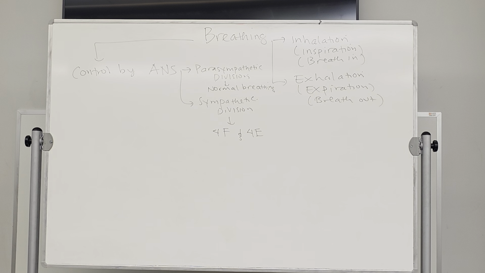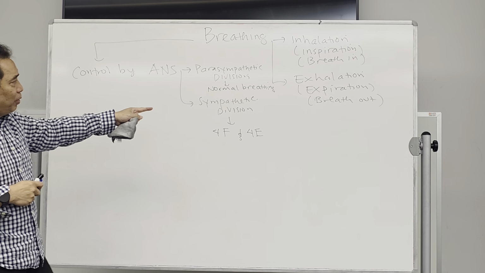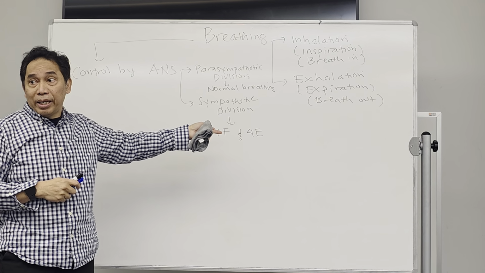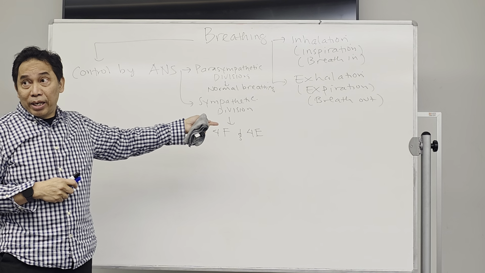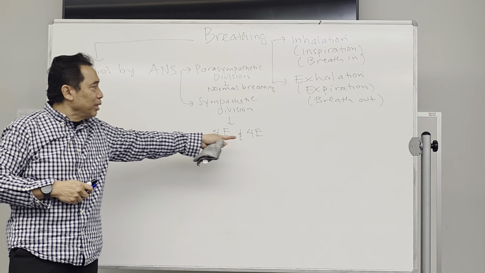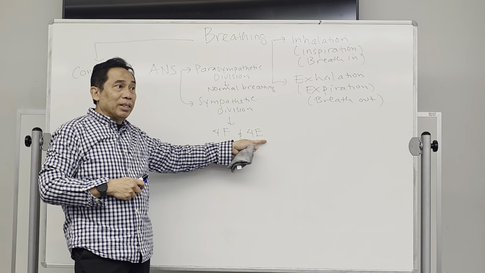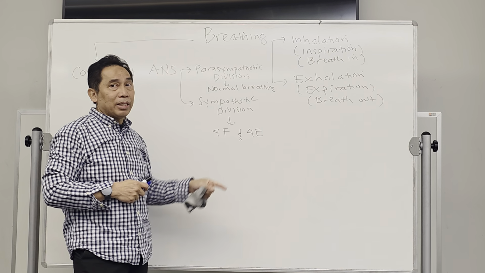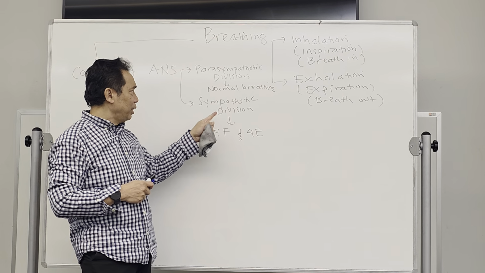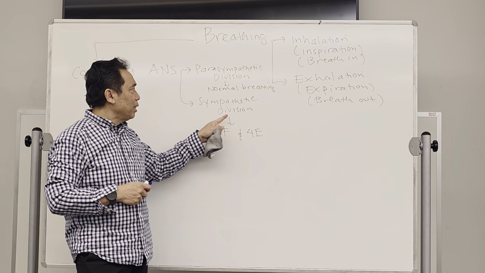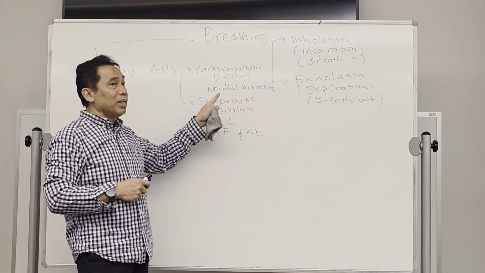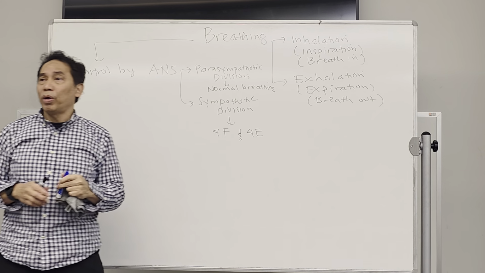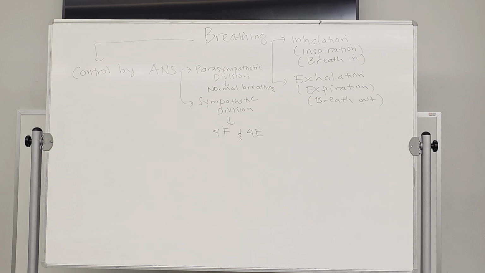For example, when you're angry, the sympathetic division will control your breathing, and your breathing will increase. When you exercise, or for example feel embarrassment, it also increases our breathing rate. So this is controlled by the sympathetic division. But during normal time, the parasympathetic division will control our breathing.